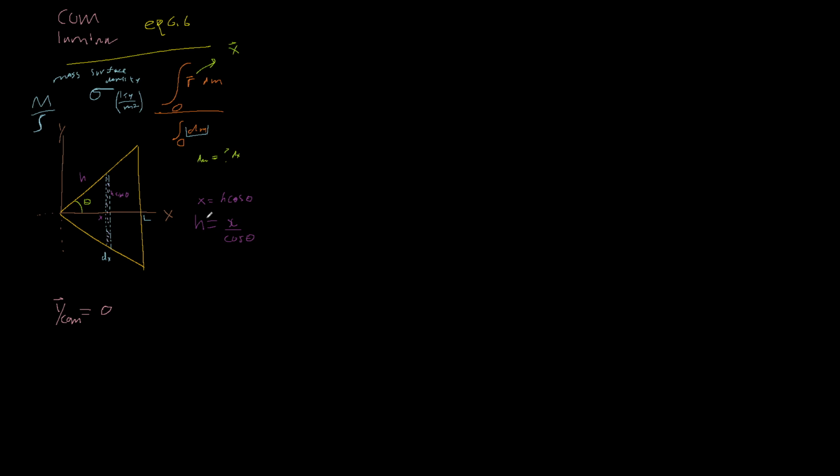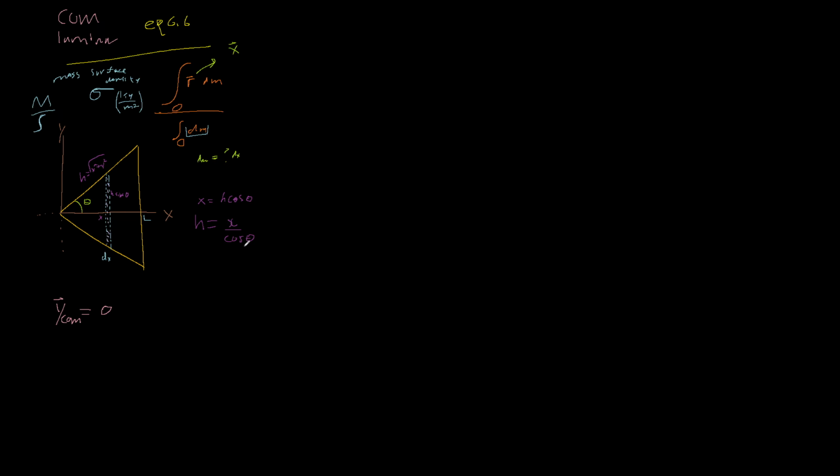The reason I write h in terms of x is because we don't know what h is, and we don't want to integrate over h, we want to integrate over x. Integrating over h would require us to integrate over x and y, since it's the square root of x squared plus y squared. We don't want to integrate over that. We want to write this exclusively in terms of x.